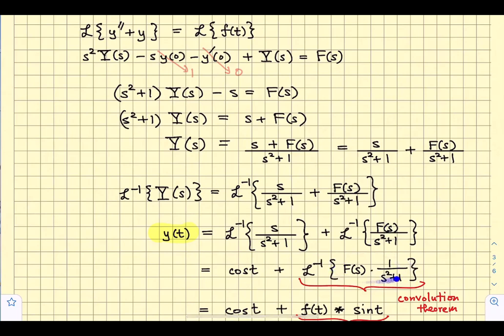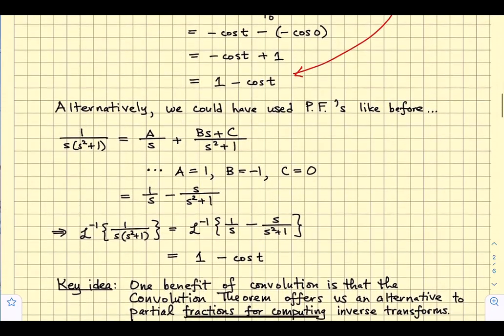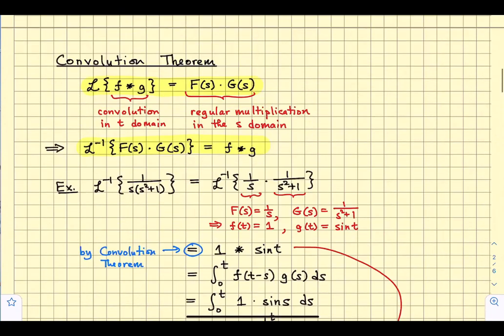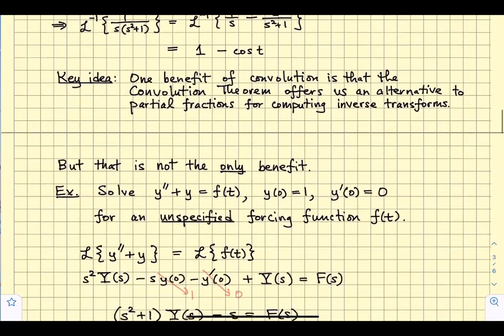Now this looks like a convolution theorem situation because we are needing to invert a product of two functions in the s domain. And we know that the way the story ends via the convolution theorem is we just invert the pieces, and in the t domain we connect them with convolution multiplication. So let's see how that plays out in this specific example.